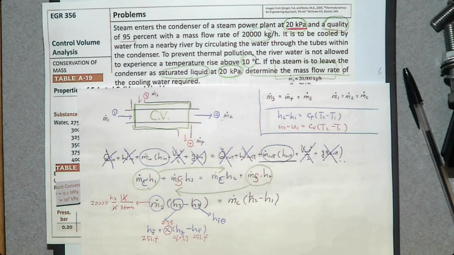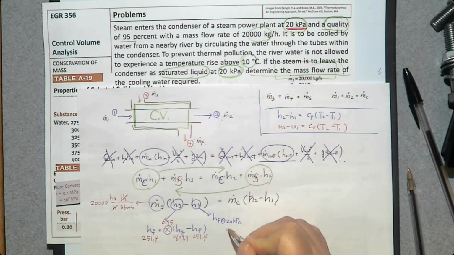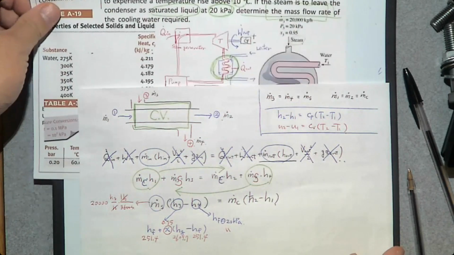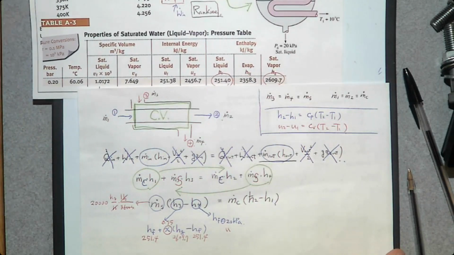Saturated liquid at 20 kilopascal. So Hf at 20 kilopascal. So that's how you determine H4. So what is Hf at 20? Going back to this pressure table, at 20, Hf is 251.4.